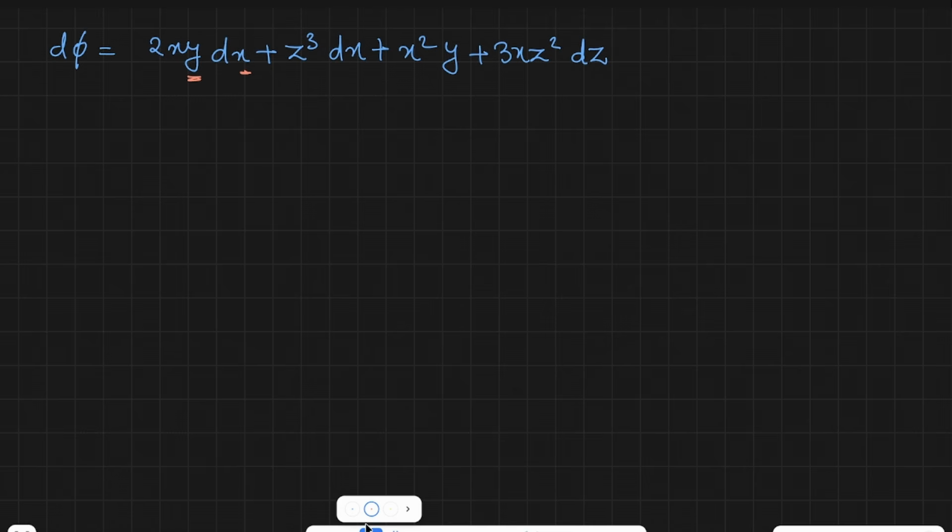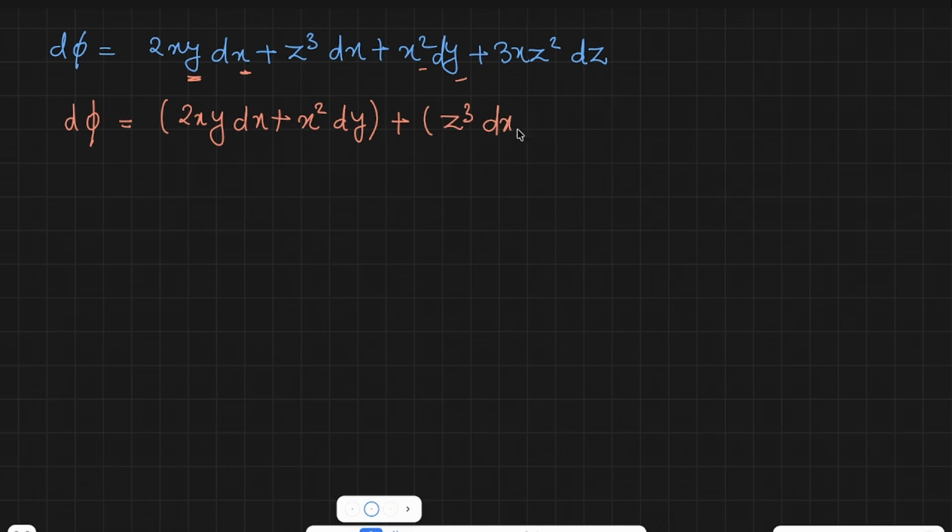Okay, so it is y with dx and it is x with dy. So this is basically d phi is equals to, you can easily write down like this, 2xy dx with x square dy, and z cube with dx and here x with z, so it will be 3xz square dz.